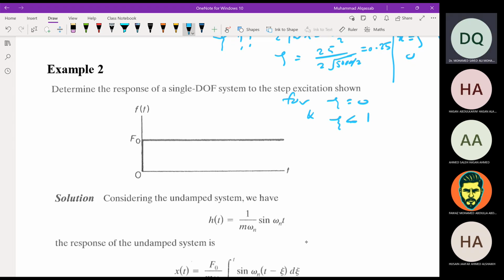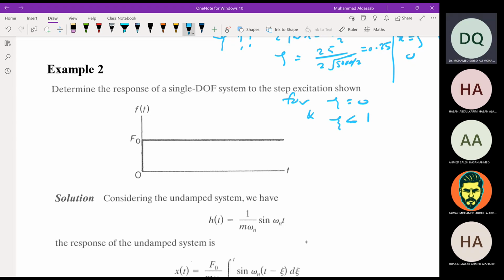So if originally the spring was here, this is F naught over K. This is before applying M, the mass. But when you put the mass, it will go down, assuming F naught is equal to the mass.